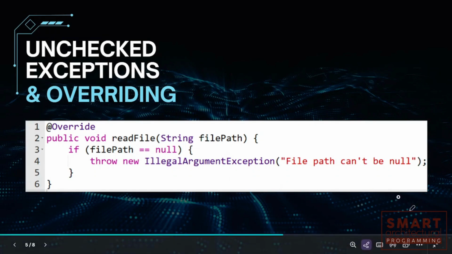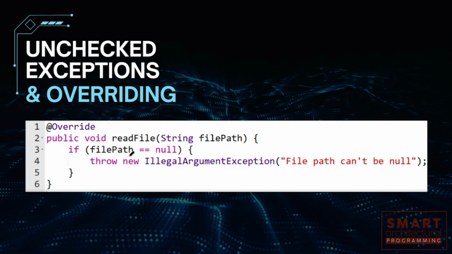As you can see, we have a public void readFile, and if the file is null, we throw the IllegalArgumentException. That's the difference here: this is an unchecked exception, which is not part of the method signature contract. So this would not affect the override that we're trying to do.